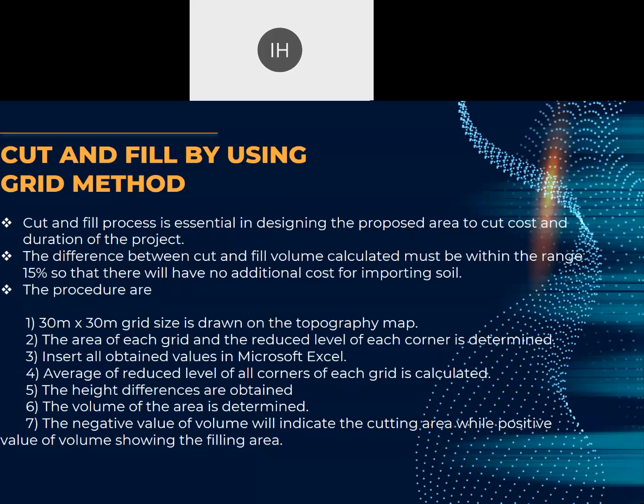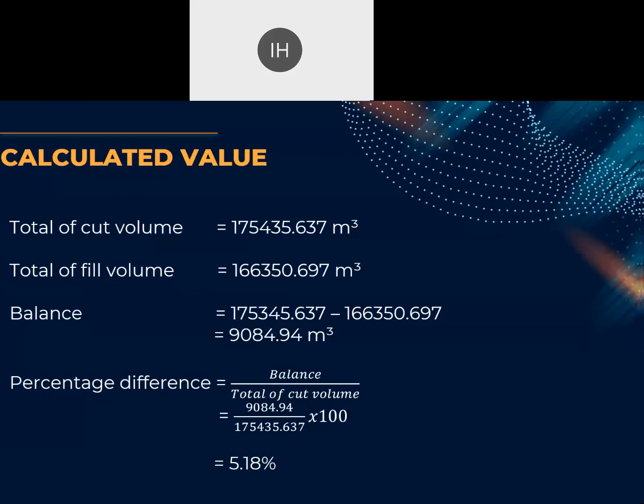This is the step for our procedure by using grid method. Then after we calculate, we get the total cut volume, total fill volume, balance, and the percentage difference is 5.18%.